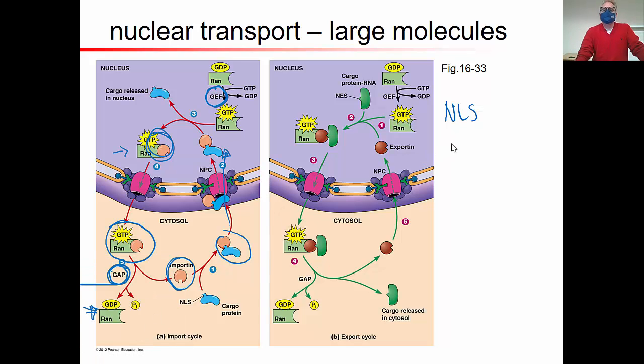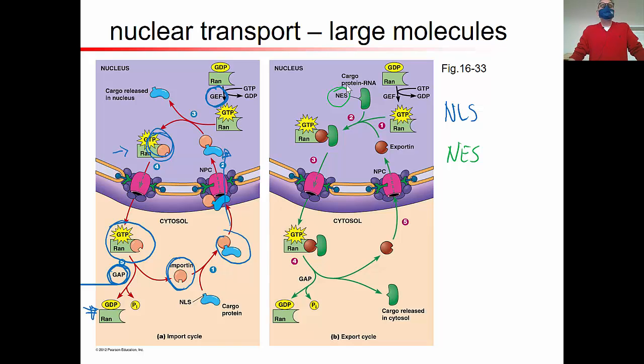If we look at the reverse process, we have a nuclear export signal, NES, on the protein. And the nuclear export signal is telling the system to pull that protein out of the nucleus. This is also mediated by RAN, but in the opposite way.